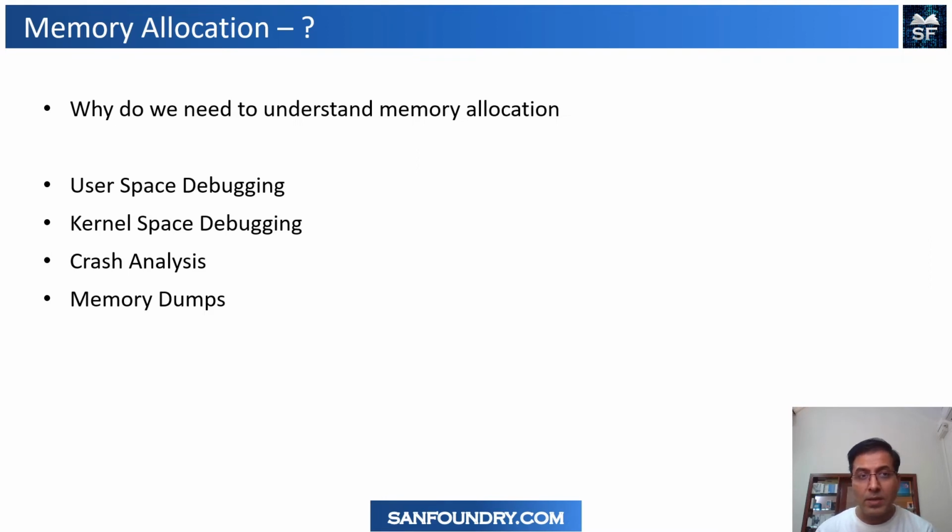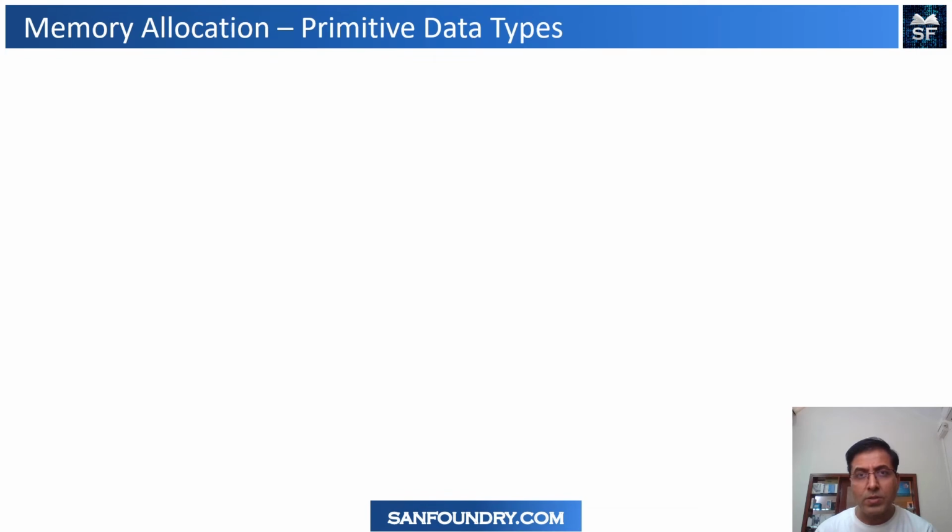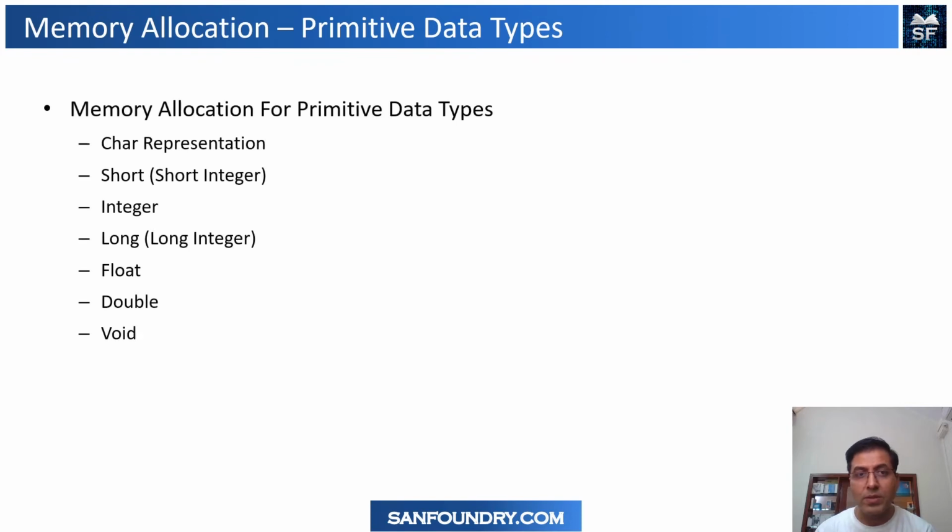At this point, I'm just covering the fundamentals, the core primitive data types. We'll cover more about structures and unions in a short while, in another topic. So now you understand why it is so important to have knowledge about memory allocations.